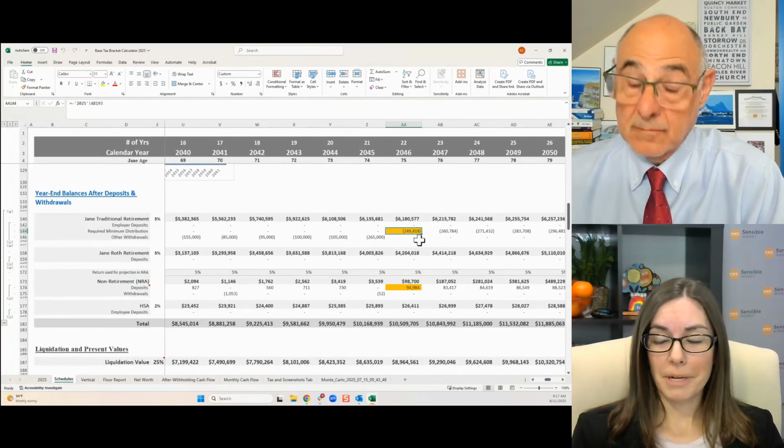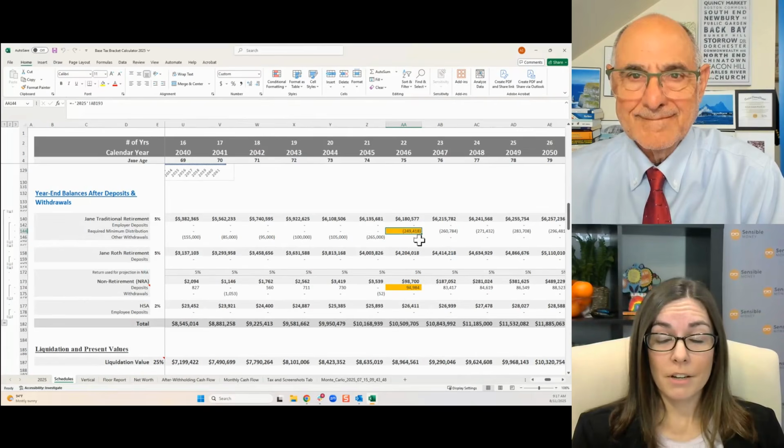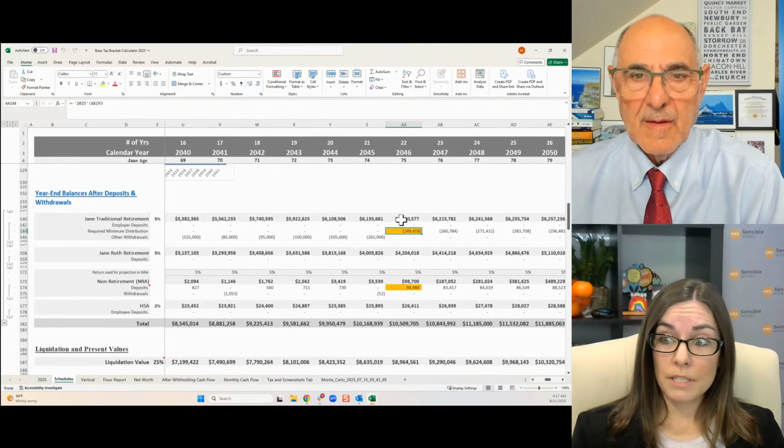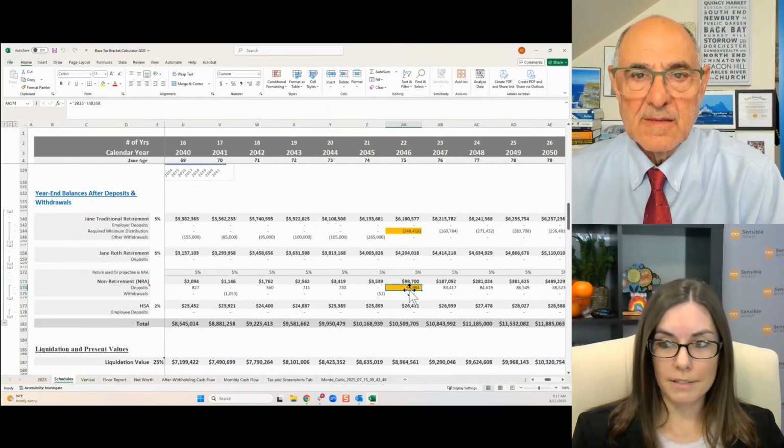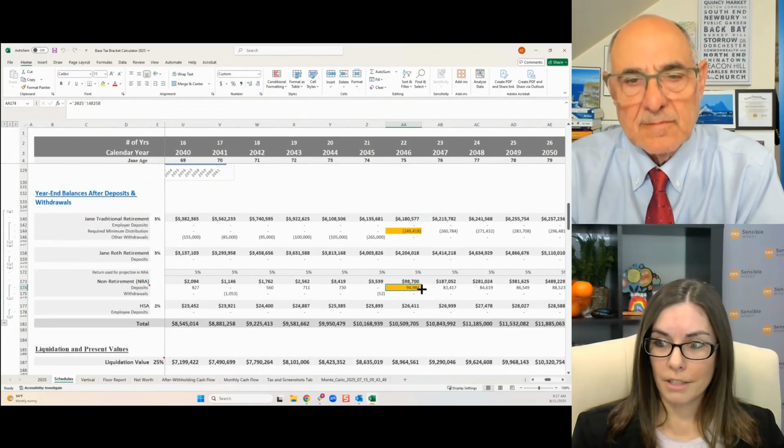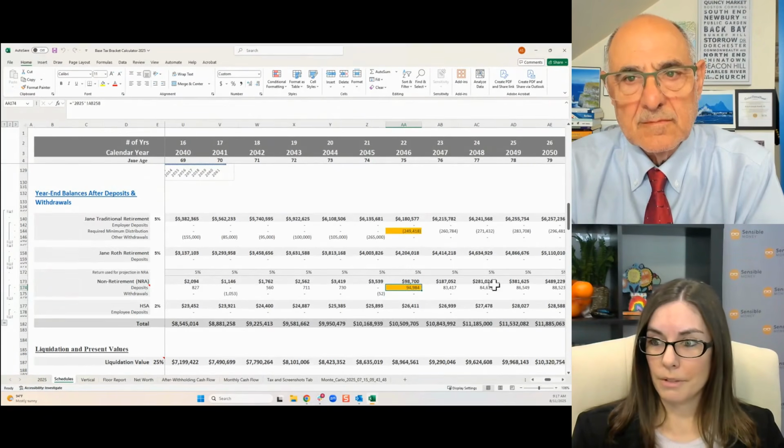Well, we talked about already, she's not a big spender. And so she is forced to take that 250 out and pay ordinary income tax. She doesn't need to spend it all. So the extra that doesn't get spent just gets deposited back into her brokerage account. And if you just continue on throughout her retirement, you see really big RMDs.